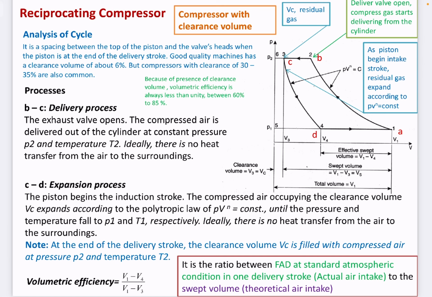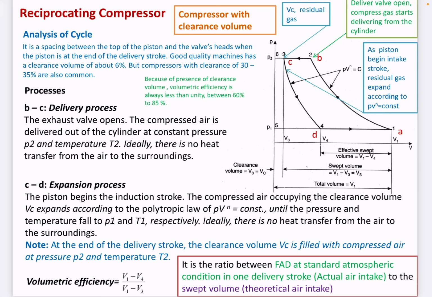This volume is less than the swept volume. What is the swept volume there? It is V1 minus V3. So the swept volume is more and the effective volume, the actual volume, is less, and the ratio of the two, that is the actual or effective volume to the swept volume, is known as the volumetric efficiency of the compressor.